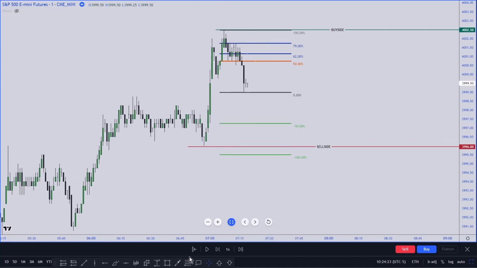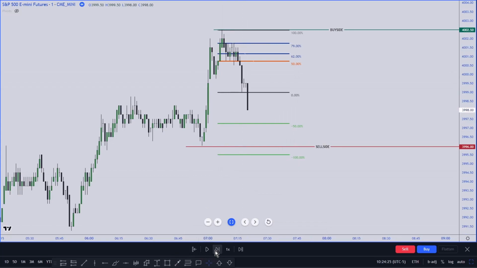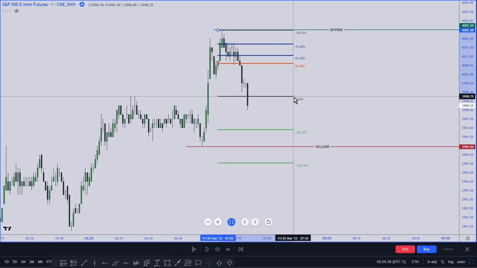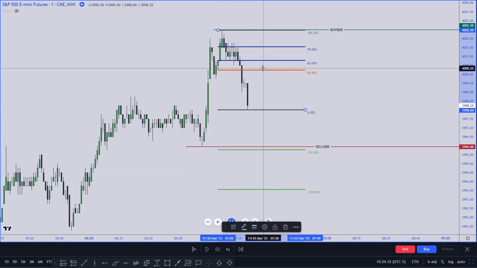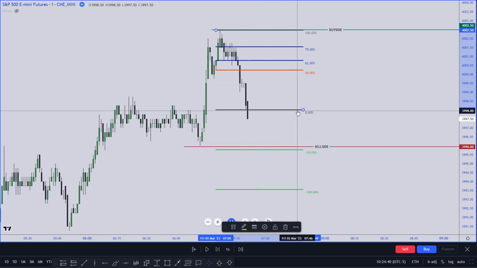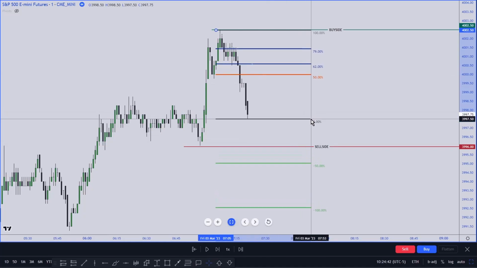Let's see what happens in this occasion. It moves lower, so then you move your Fibonacci lower, potentially looking at a short trade up here when price retraces back up above the 50% level. Moves lower, so you move your retracement, your Fibonacci level.